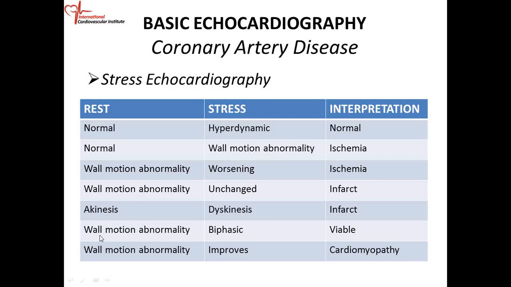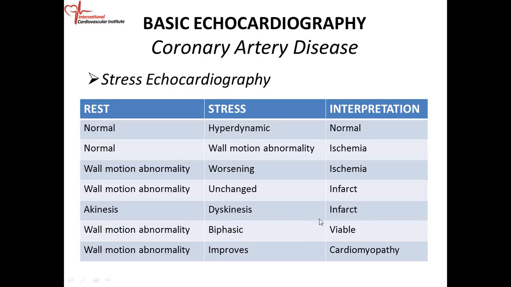So if you do a dobutamine stress echo and there's wall motion abnormality at rest, say ejection fraction 30%, you give your low dose dobutamine, and the ejection fraction now increases to 50%, but at peak, it falls back down to 30%.